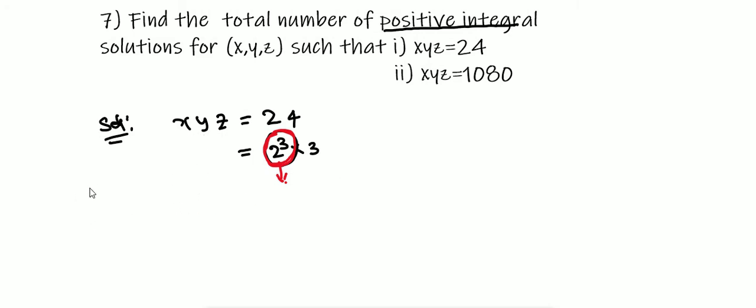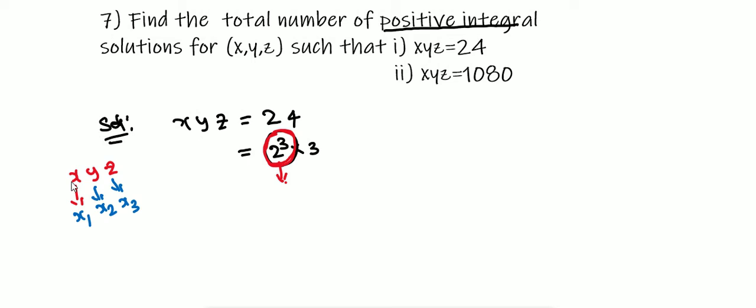That means out of the three 2's, x1 are given to x, x2 are given to y, and x3 are given to z. So what do you say here? x1 plus x2 plus x3 is equal to 3.